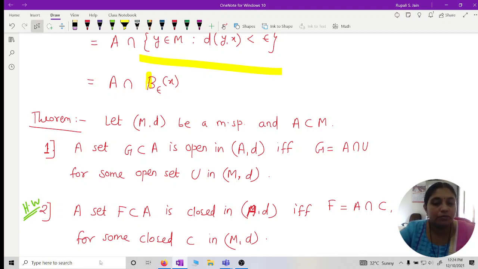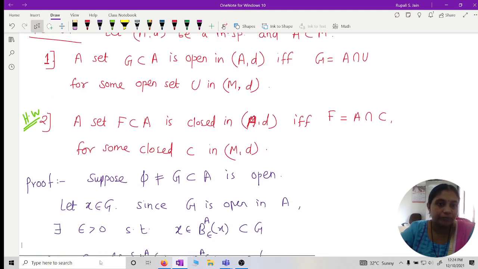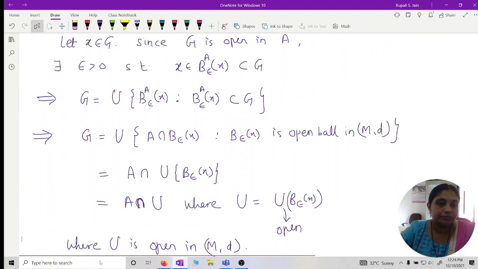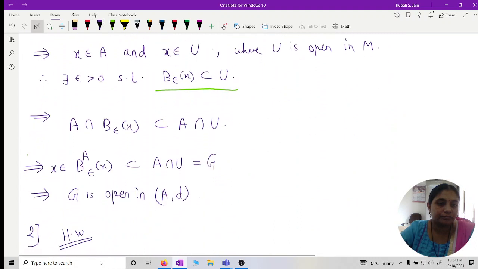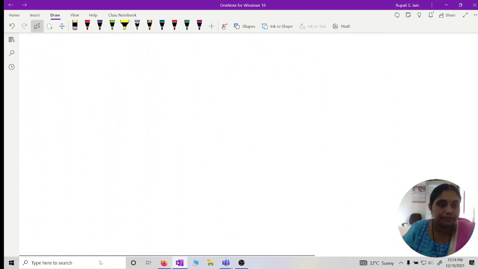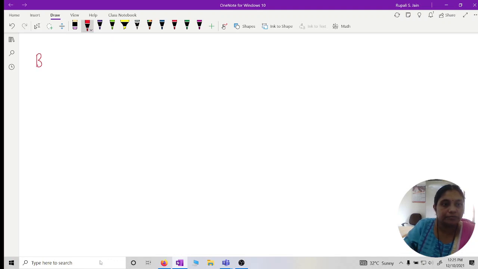Okay, so now we define boundary points. We have already defined interior point and limit point of a set. Now we define boundary points of a set.